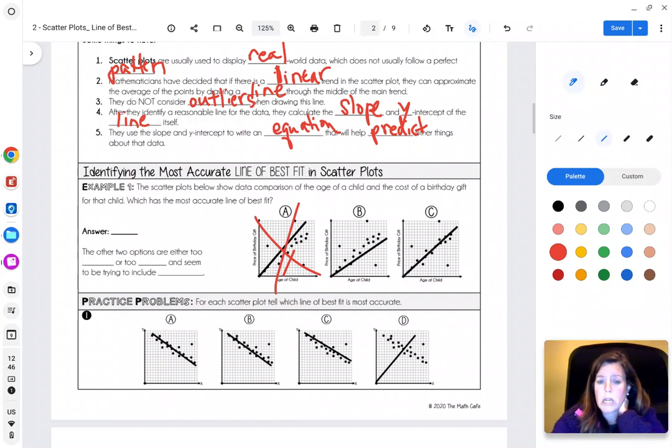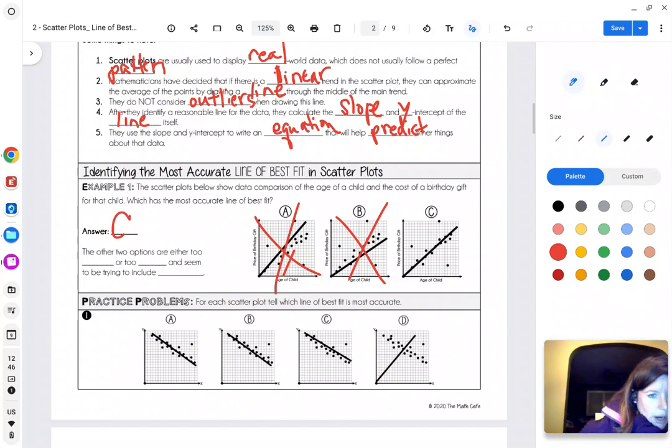There's only 1, 1.5 points, below that line. So it's not really going through the middle of that data. C, looking at C, if I were to actually count 1, 2, 3, 4, 5, 6 below that line, 1, 2, 3, 4, 5 above the line. So yeah, I'm liking C for the answer for this one.